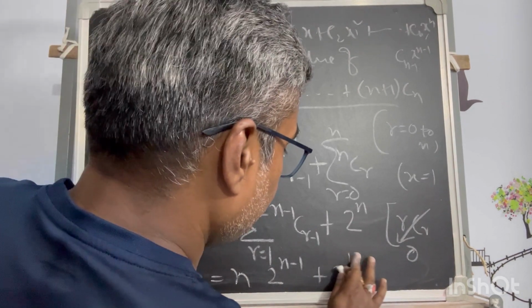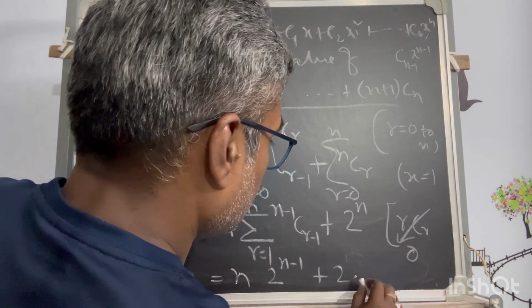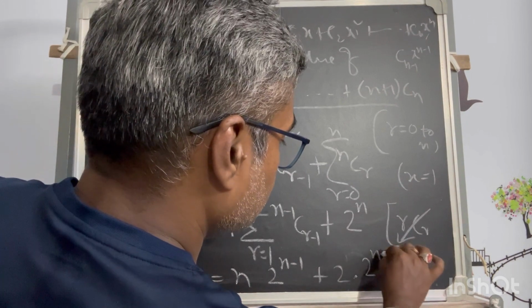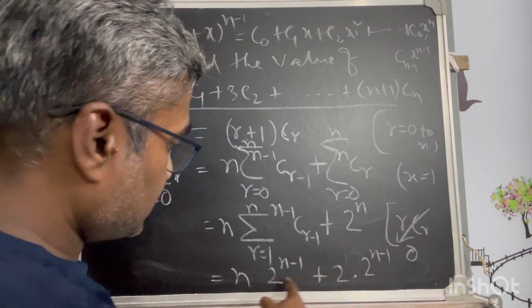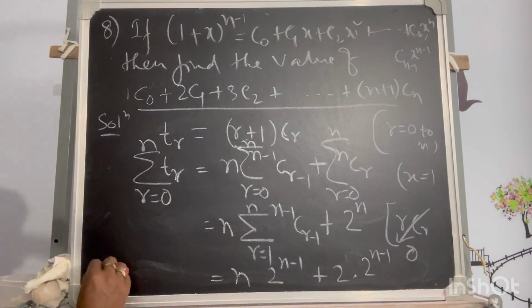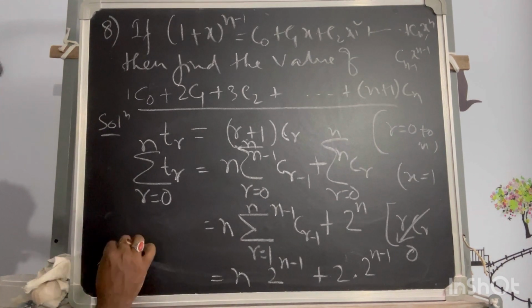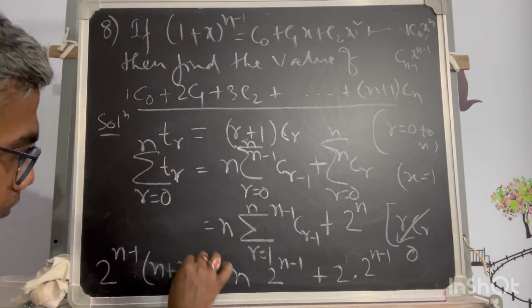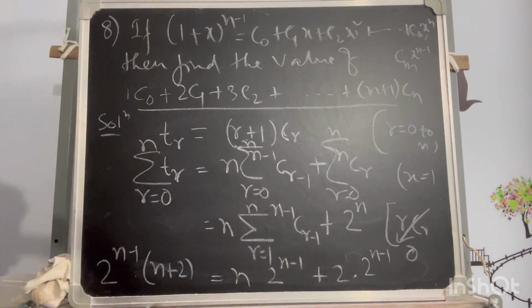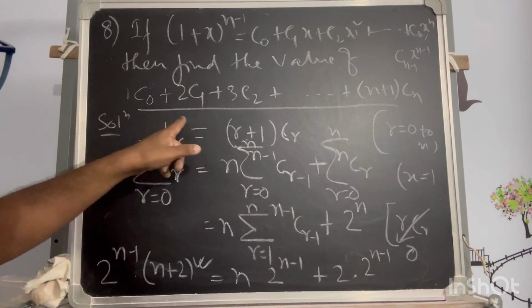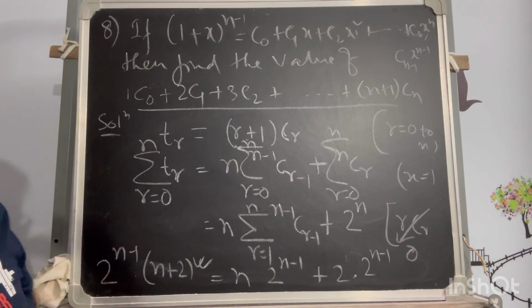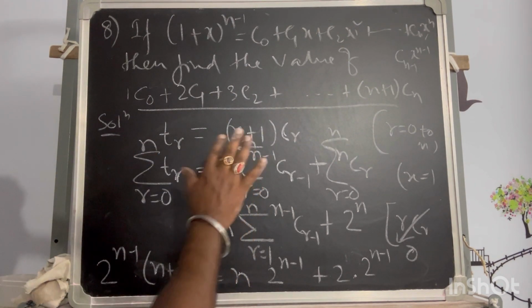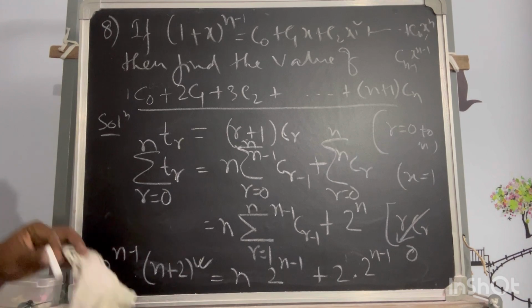So this can also be written as 2 into 2 to the power n minus 1, just to match the power of 2. Now if I take common 2 to the power n minus 1, the remaining is n plus 2. So this will be the result of this series. Okay, so this is one way of doing it.